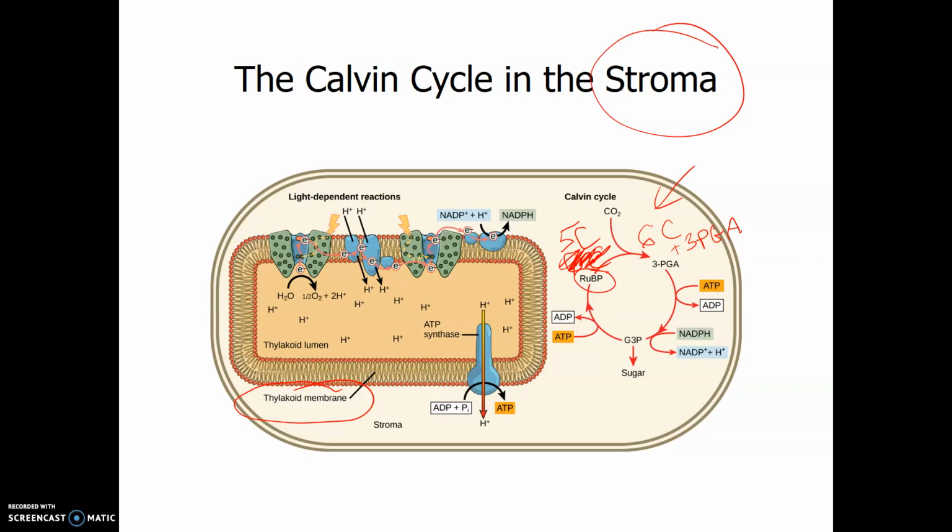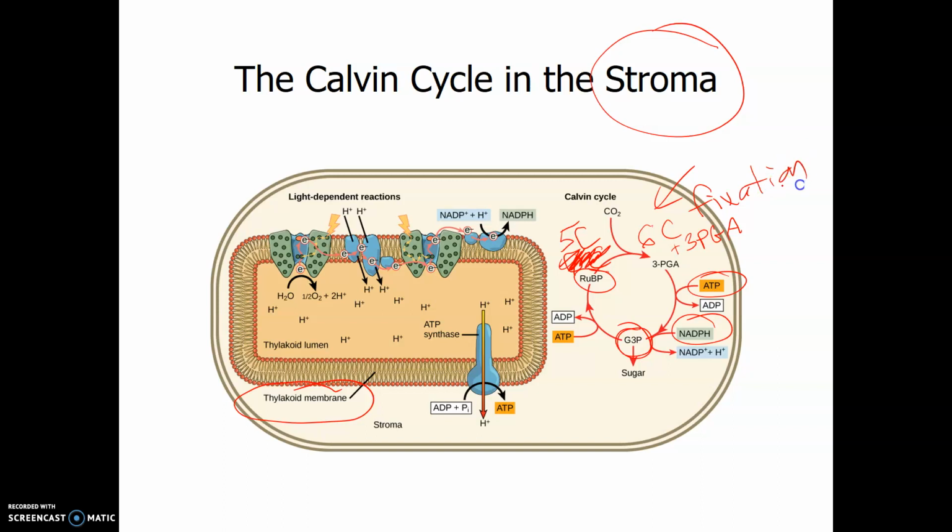And ATP is used, and the NADPH is used during this next step, which is the generation of G3P. And we call this step reduction. The first step is called carbon fixation.